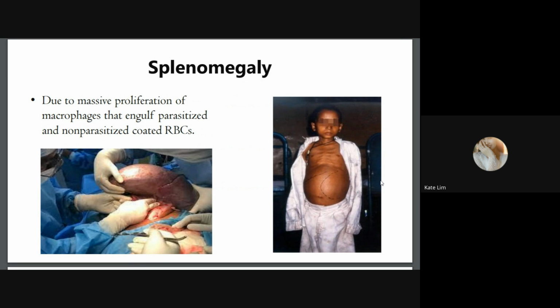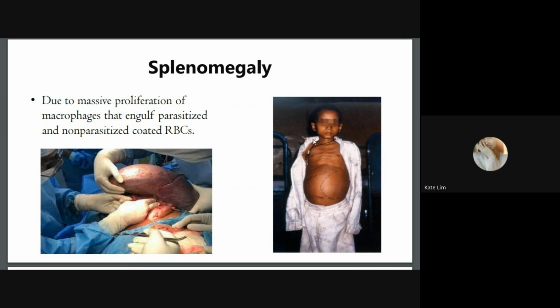So, this is the condition that is characterized by the hyperreactivity of the spleen. I have mentioned a while ago that the spleen works overtime to filter and remove the infected RBCs. So, the hyperreactivity of the spleen in response to repeated malarial infections often leads to excessive spleen enlargement, just like this picture.